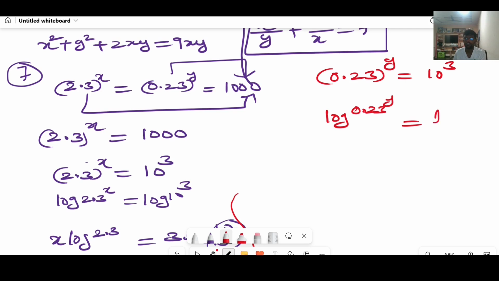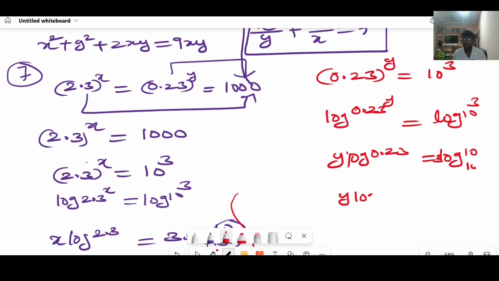I will get log 10 cube, right? Here I will get y log 0.23 equal to 3 log 10 to the base 10, and can I write this as 2.3 by 10, whose value is 2?